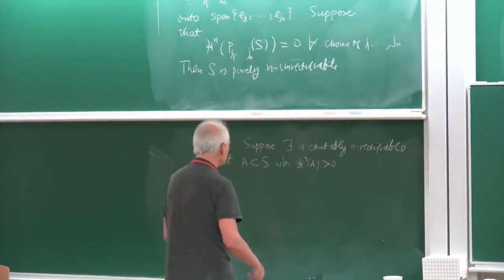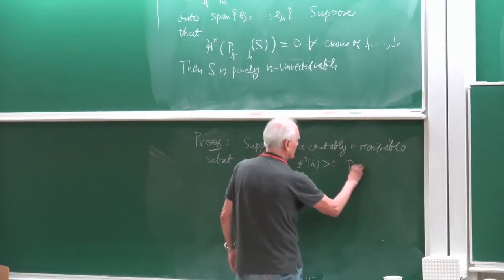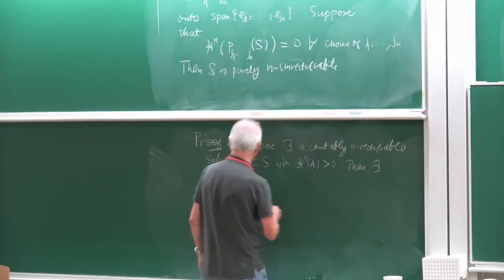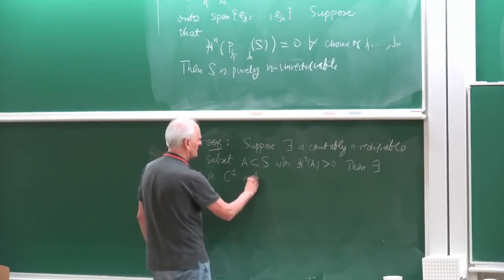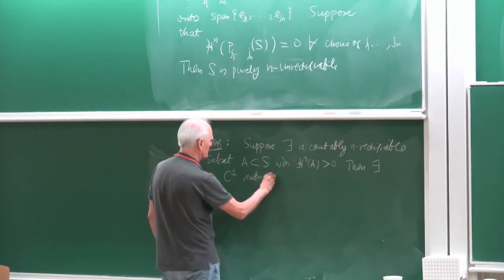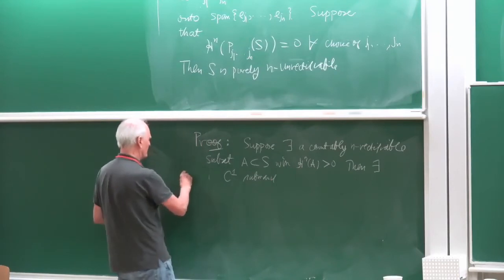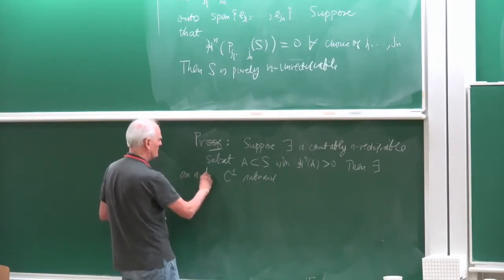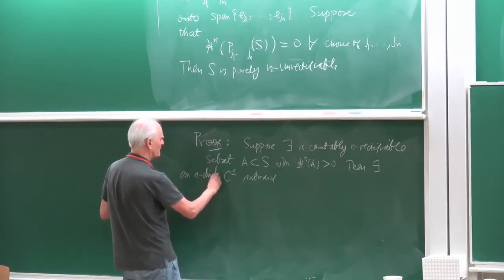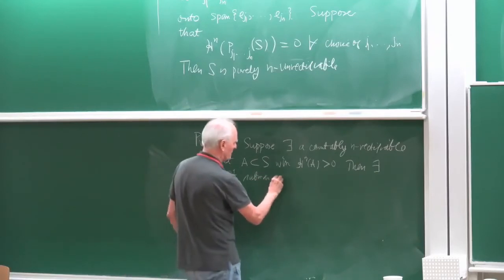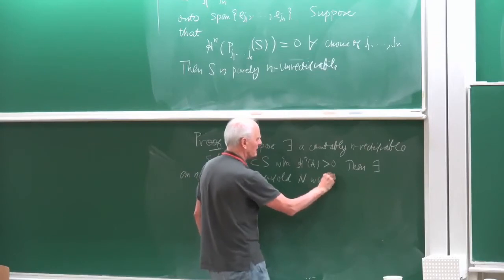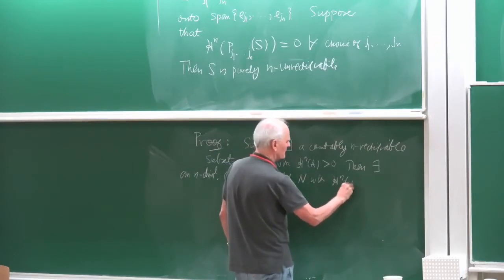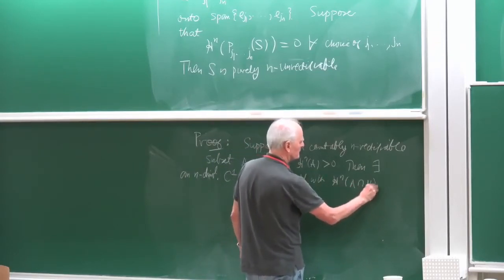So that means there must be at least one. Then there exists an n-dimensional C1 submanifold, N, with Hn of A intersect N positive.